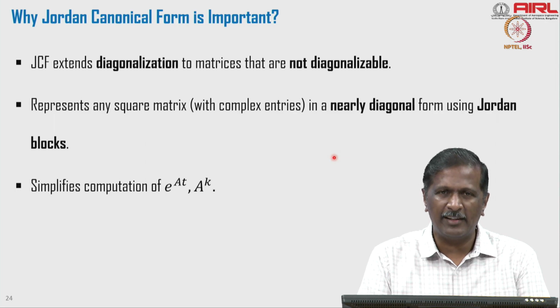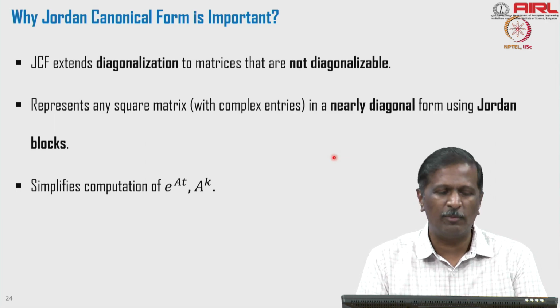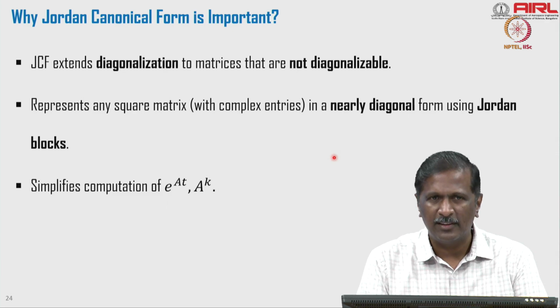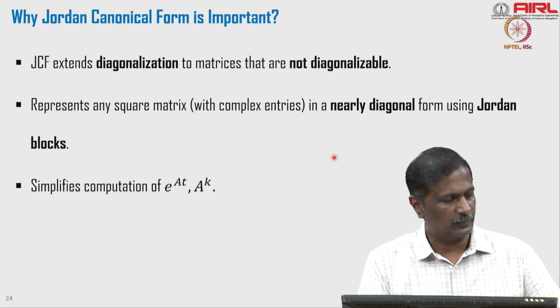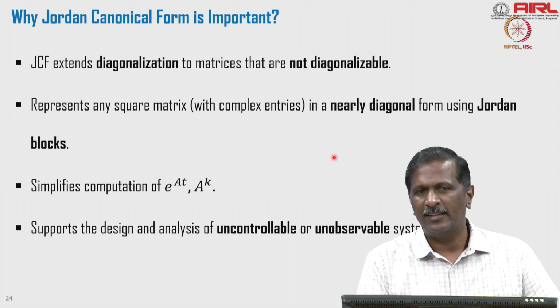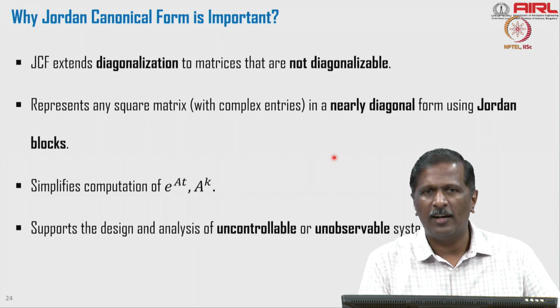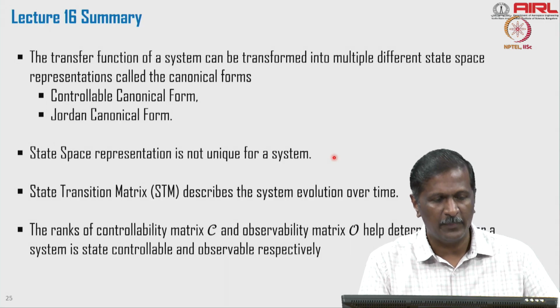So if you convert any standard form into Jordan form, one can easily compute the state transition matrix. Okay. It supports design and analysis of uncontrollable or unobservable systems, right.